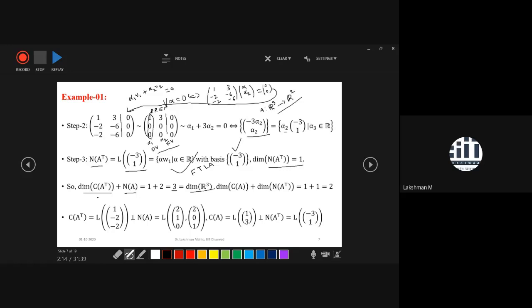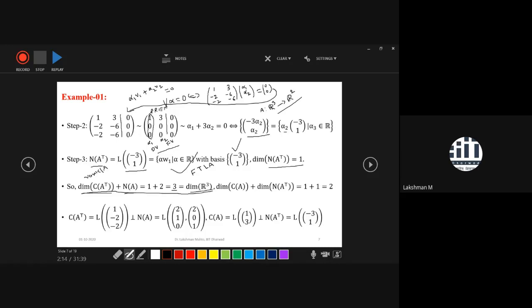So through that, you can observe that this is the first Sylvester law. Another name for the dimension of the row space of A, as I already mentioned, is the rank of A, because it talks about the number of linearly independent rows.